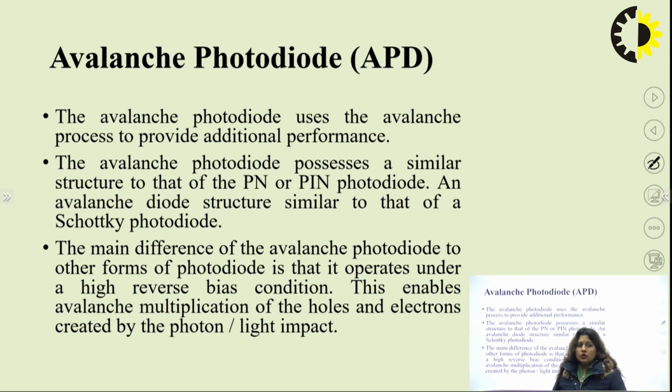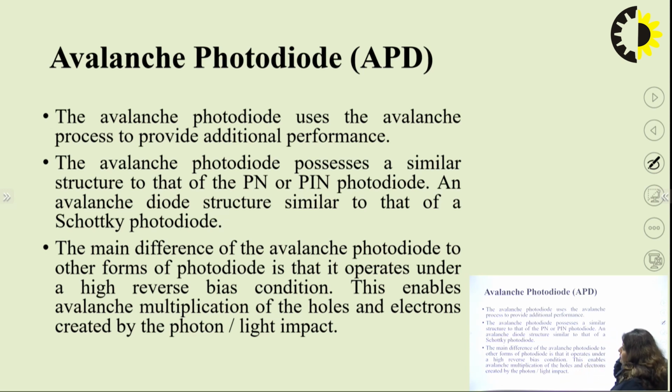We provide reverse biasing, but here one photon creates one electron hole pair, and then that electron hole pair hits another and creates another electron hole pair. So a chain type of mechanism occurs in the avalanche photodiode.